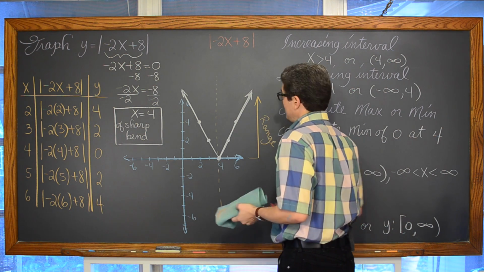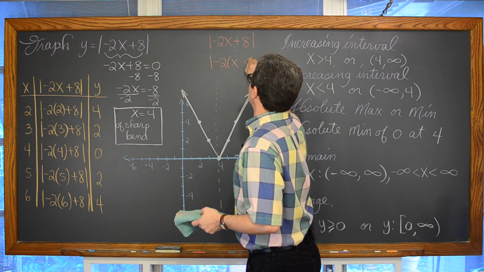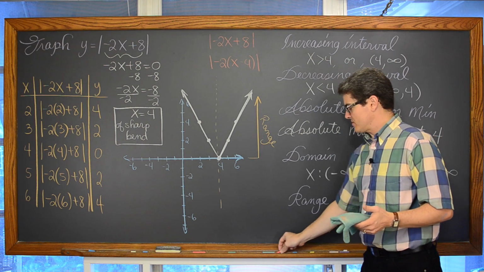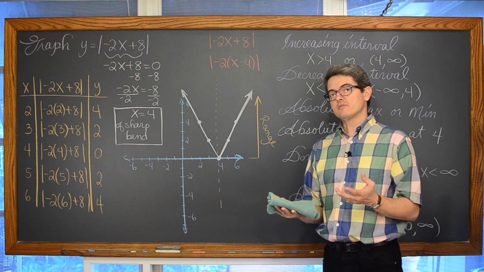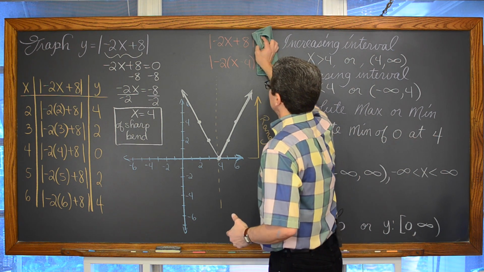Okay, maybe you could do it this way, but there's no real reason to do that unless you have studied, like we'll do in an upcoming lesson soon, graphing absolute value functions using transformations. There's really no reason to do that.